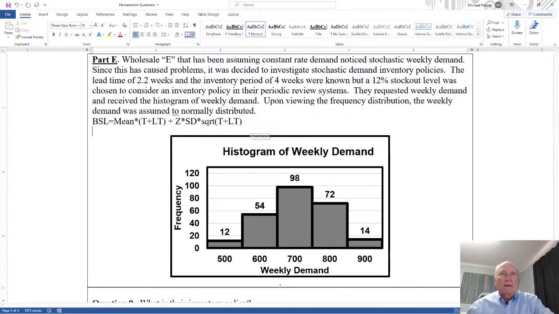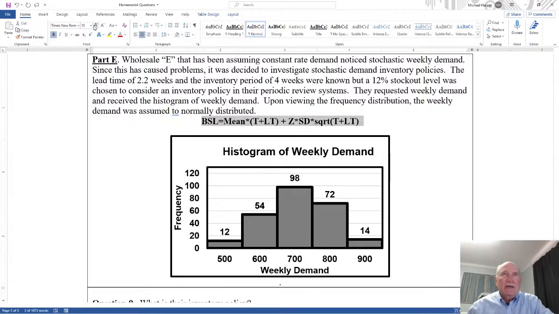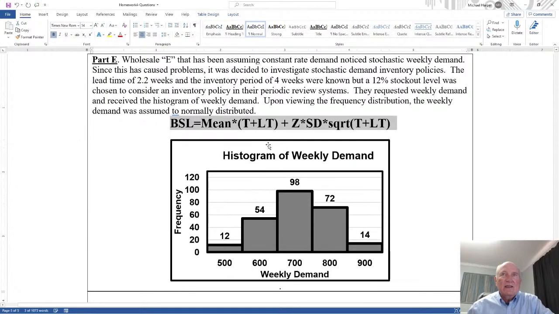There we go. Let me bold this, center it, and make it bigger to emphasize it. That's what we're trying to do.